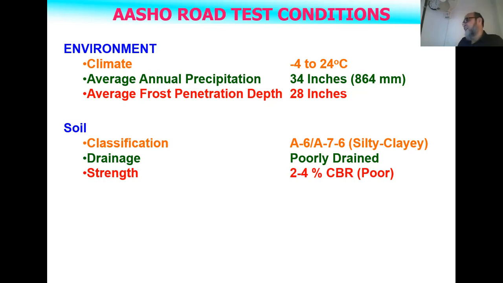So this is the point that is good for Karachi. It matches with Karachi, that we don't have a well-drained pavement section most of the time. The strength is 2.4 CBR, but the soil of Karachi is very good. It's around 10 CBR most of the time, and even near the seashore it gives you 6, 7. It's in this range.